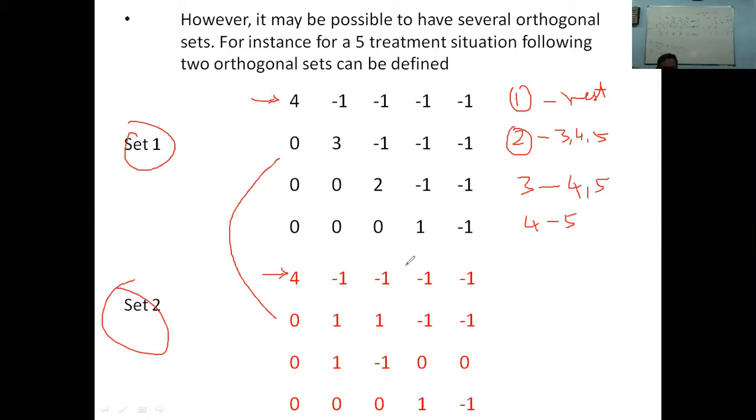Isn't it? In this case, this is 1 versus the rest. This is 2 and 3 versus 4 and 5. See, this is different from this, isn't it? Then the next one is 2 versus 3. The next one is 4 versus 5.